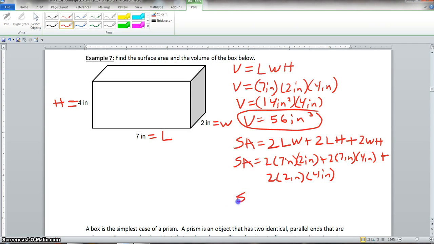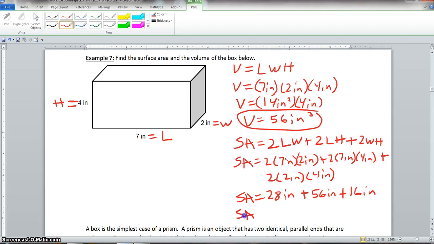Now when we multiply this out, we have surface area is equal to 2 times 7 is 14 times 2 is 28, plus 2 times 7 is 14 times 4 is 56, plus 2 times 2 is 4 times 4 is 16.